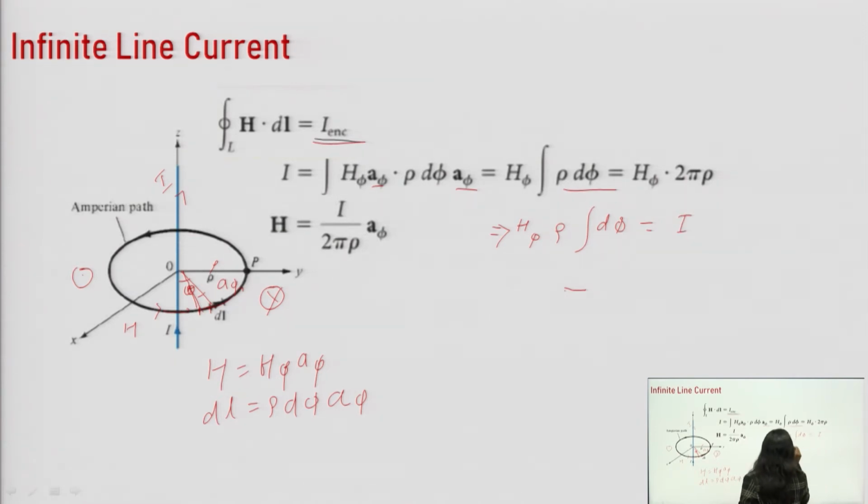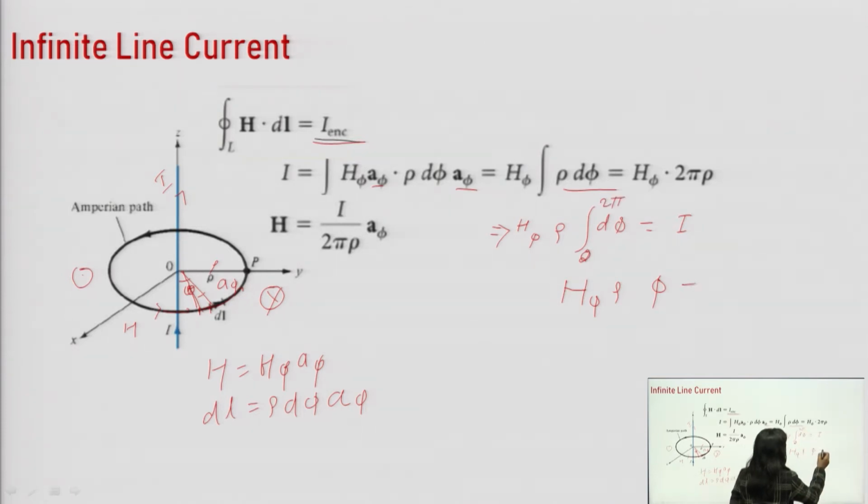Now after integrating this we will get h phi rho phi. Now we know that for cylindrical coordinates phi is varying between 0 to 2 pi, so we can write the limits as 0 to 2 pi.